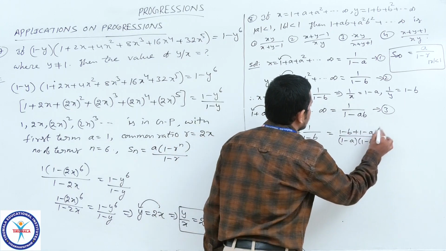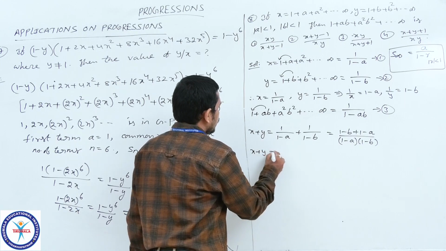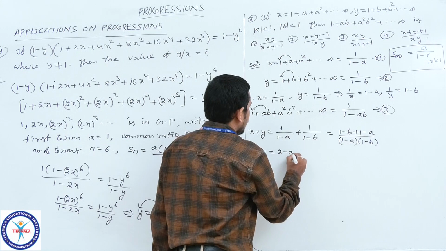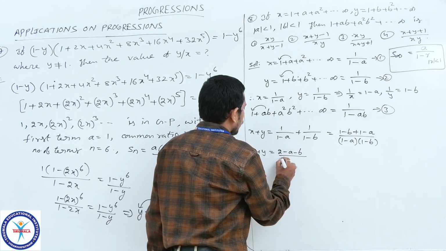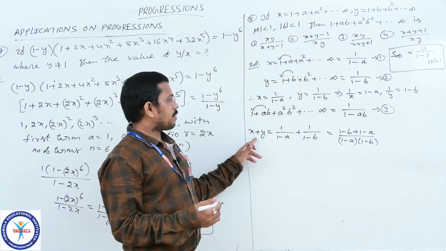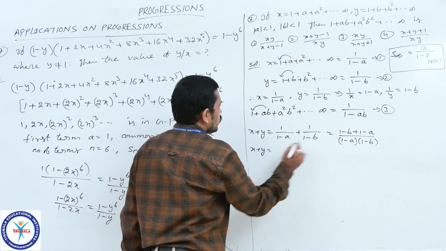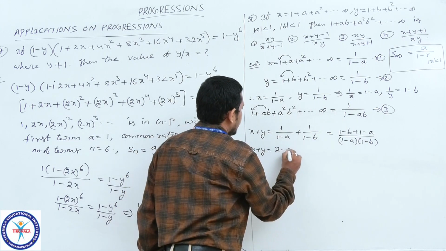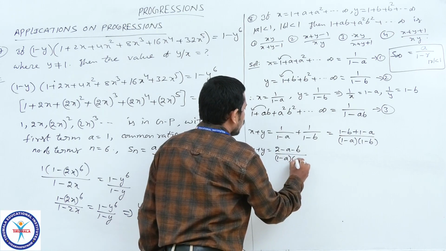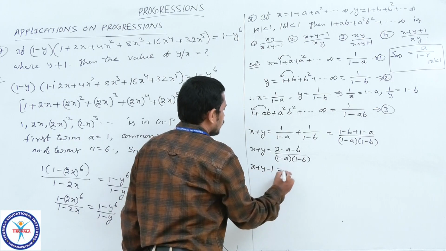So, x plus y is equal to 1 plus 1, 2 minus a minus b by 1 minus a into 1 minus b. Now, subtract 1 from both sides.